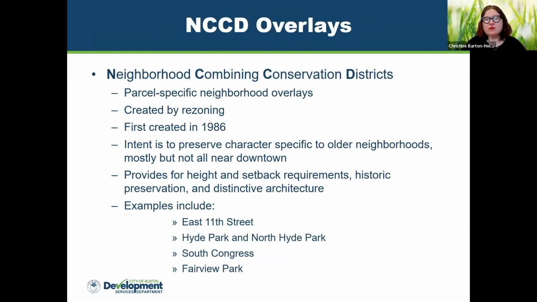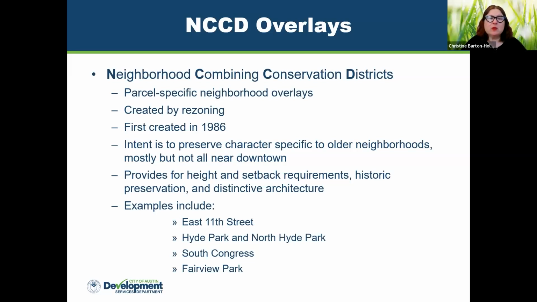They're not necessarily transit oriented, but they are primarily downtown, older neighborhoods, and they provide very specific requirements for height and setback, historic preservation, uses, that sort of thing. So they really drill down into what makes a given neighborhood special and are written specifically to preserve that.